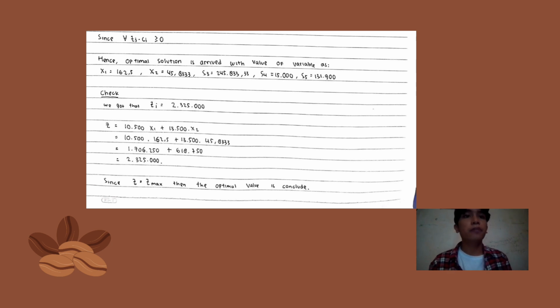If we add it, we get the value of z is 2,325,000. It's the same as the z that we already got before. So we can conclude, since z equals z max, then the optimum value is concluded.